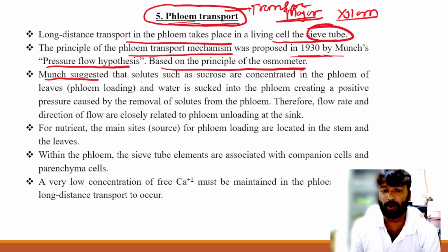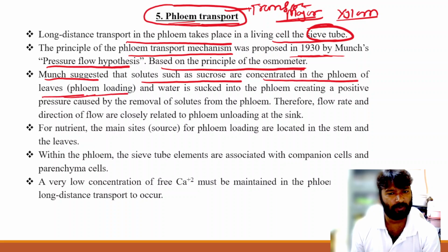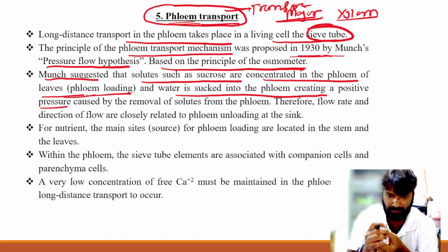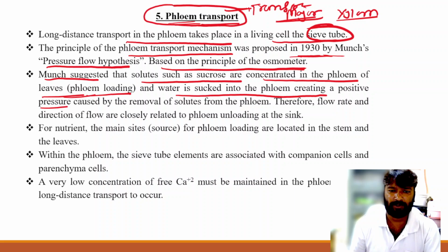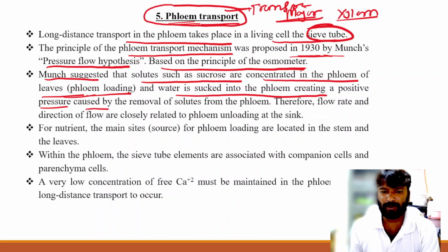Munch suggested that solutes such as sucrose are concentrated in the phloem of leaves, that is known as phloem loading, and water is sucked into the phloem, creating a positive pressure. Okay, there both the sucrose and water are present, so what will happen there is a high positive pressure, and that is caused by the removal of solutes from the volume.